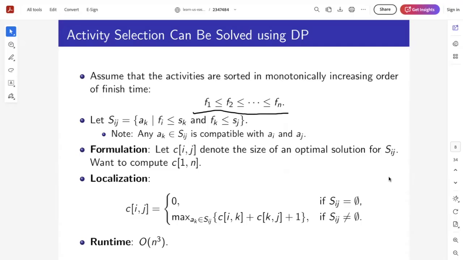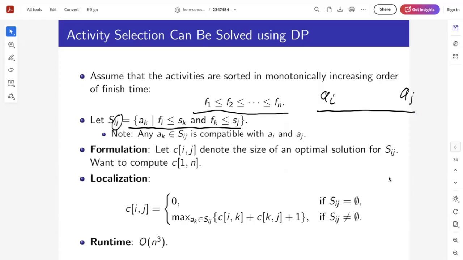And then we are going to look at, for any i, j, all the activities that are compatible in this set. Which means that for any i, j, it's going to be a set of all activities a_k such that f_i is less than or equal to s_k. So we look at activity i and activity j.